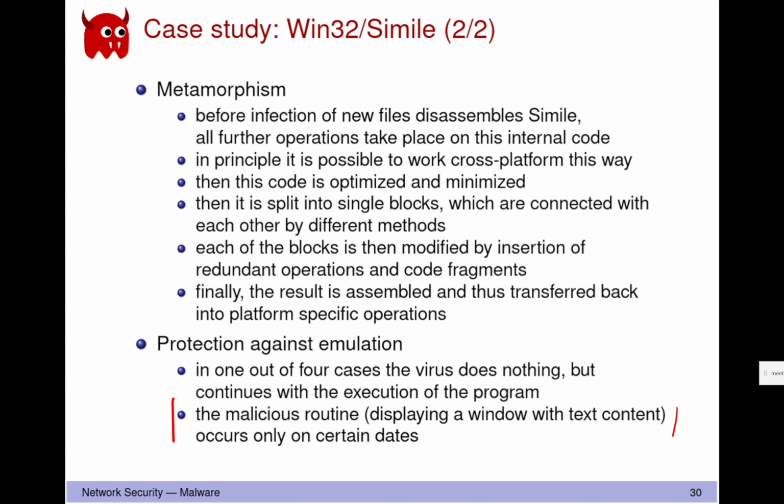Static analysis just looks for specific patterns, as we saw in the example of Snort in the intrusion detection systems, and is not really capable of identifying these file patterns, these instruction patterns, because they change every time. So typically you have to run it in a sandbox, and even then the malicious code is not activated except at certain dates. So you really have to be lucky to know when the right dates are.